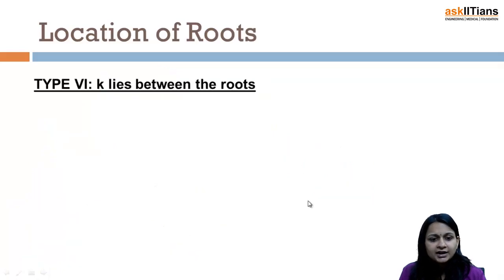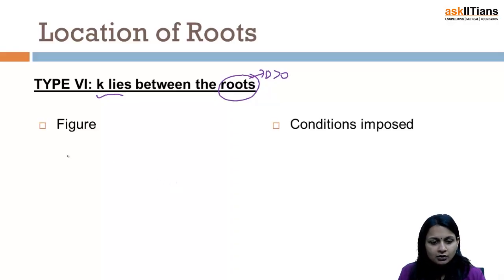So let's move ahead. Next we have k lies between the roots. Again, between the roots automatically means discriminant D will be greater than 0 because here we will have two roots. Let's talk about the figure and conditions imposed. When I talk about the figure, again we will have two cases: when a is greater than 0 and a is less than 0.